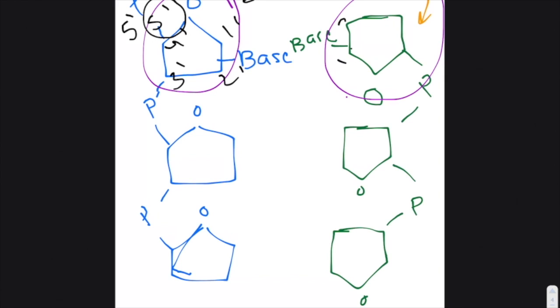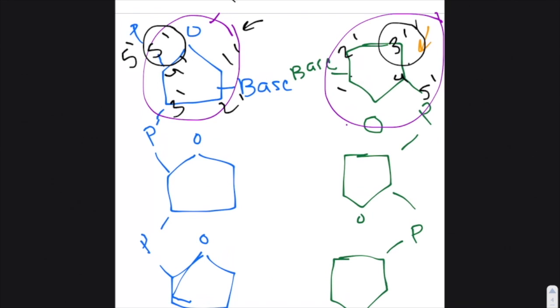If we look at this side, 1', 2', 3', 4', 5', the 3' strand is hanging off of the DNA, so this would be the 3' side. And they run anti-parallel, so once you figure that out, you know that this is the side that goes from 5' to 3'. This is the side that goes from 3' to 5'.